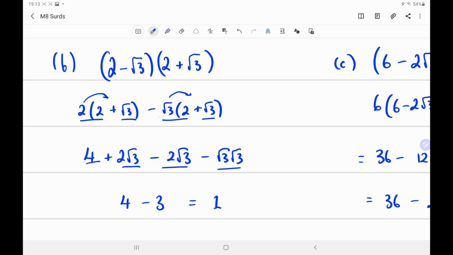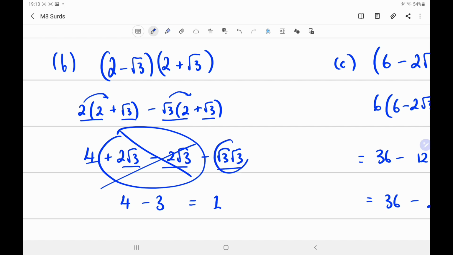And then this last part, you have root 3 times root 3, but one of them is a minus, so it is a subtract root 3 root 3. Now 4 plus 2 root 3, subtract 2 root 3, they cancel out. And then subtract root 3 root 3, well that's the same as subtract 3. So our final answer is just 4 take away 3, which is 1.